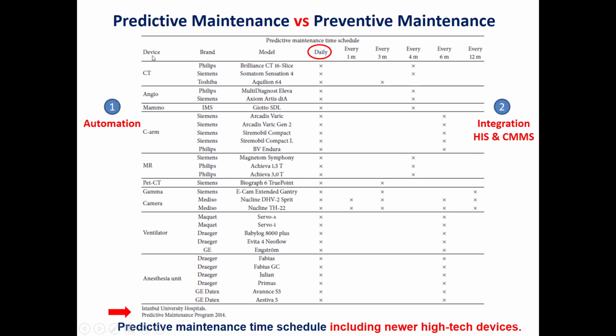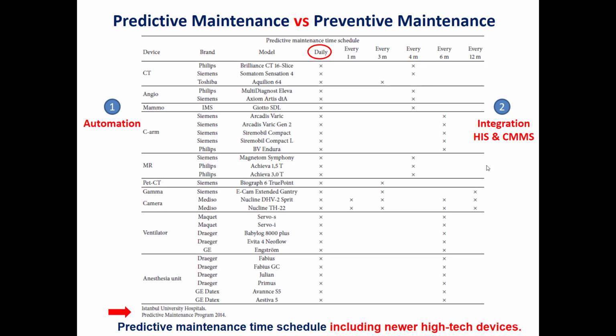Also, another point which I should mention: predictive maintenance is now available for many reasons. One of them is automation. Another reason for this move into predictive maintenance is the integration of the medical devices with the health system, and the integration between the CMMS, the computerized maintenance management system, with the health system. The health system is the hospital information system.